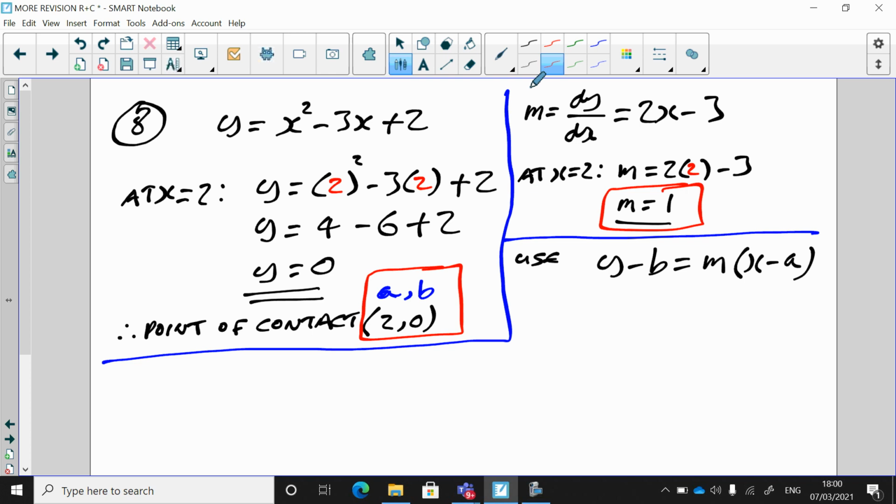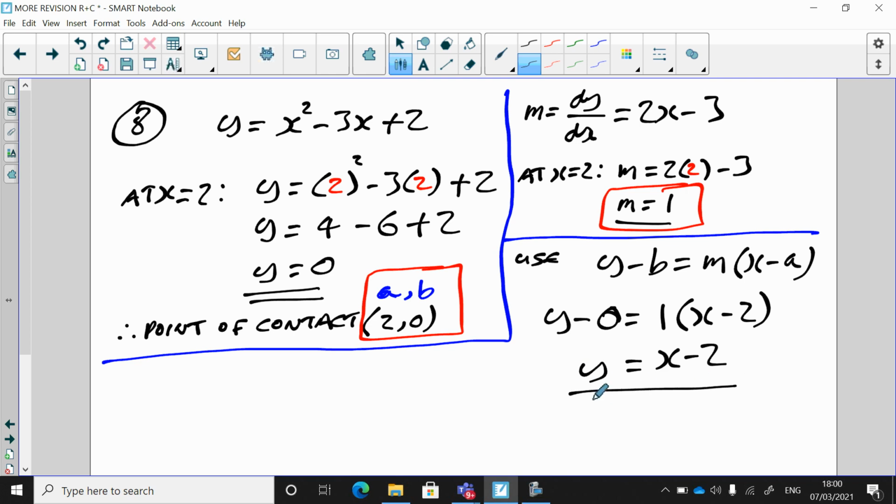So let's put it in. I've got y minus b, which is 0. m happens to be 1. And I've got x minus a, which is 2. Put that in there. 1 times the bracket is just the contents of the bracket, and y take 0 is just y.